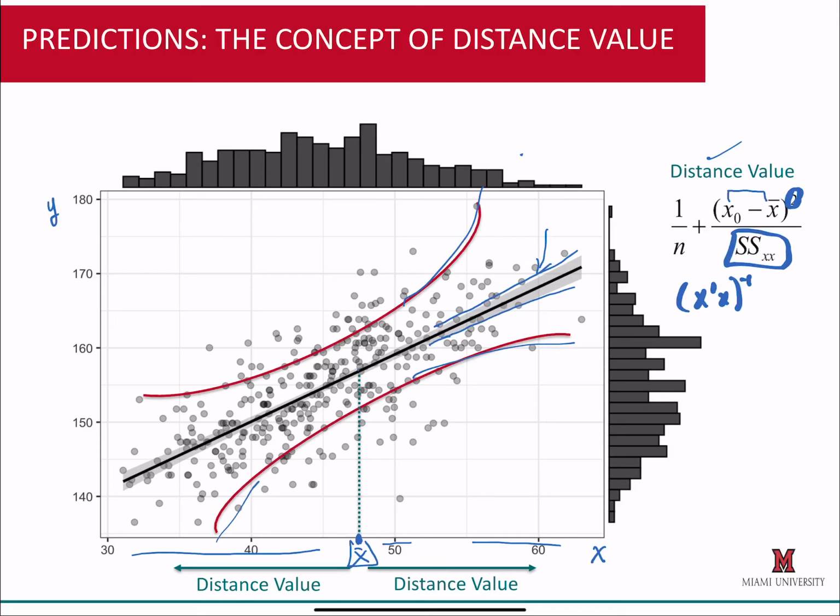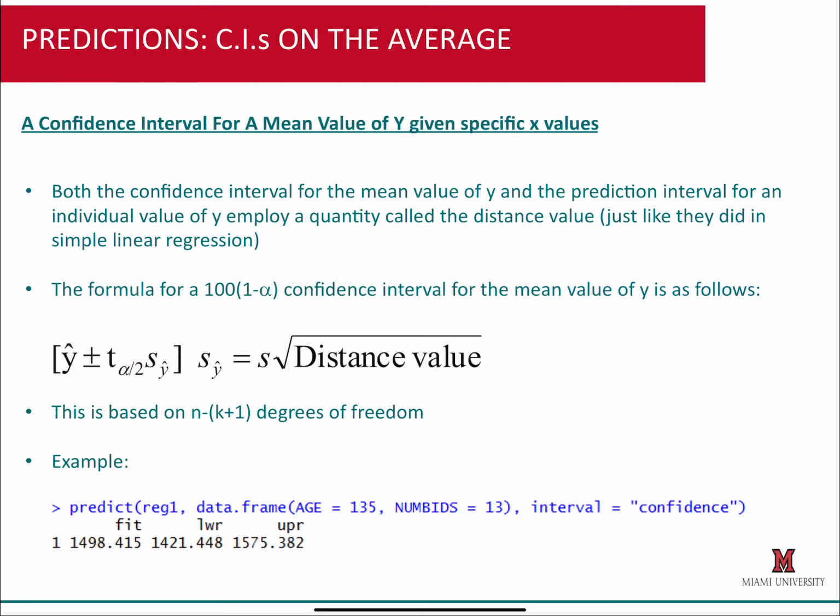In multiple linear regression, the same thing happens, but the idea is that we have different values of x. So we have to compute the mean of every single predictor variable, and the further away we are from that mean, the more difficult the prediction is. That's why, when you do a confidence interval for a mean value, this confidence interval is obtained by getting the prediction value plus or minus what we call the margin of error.